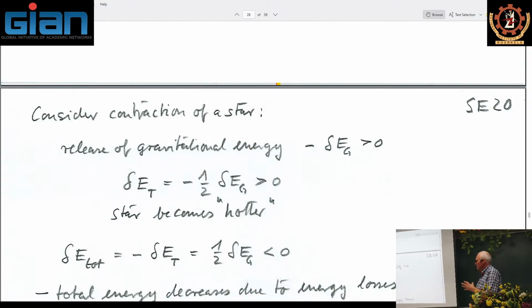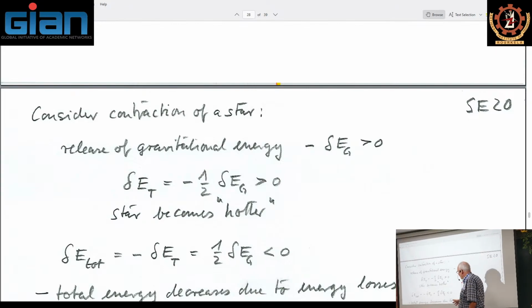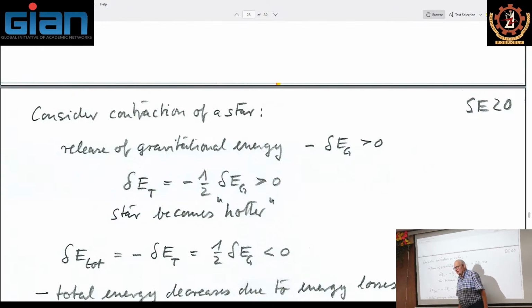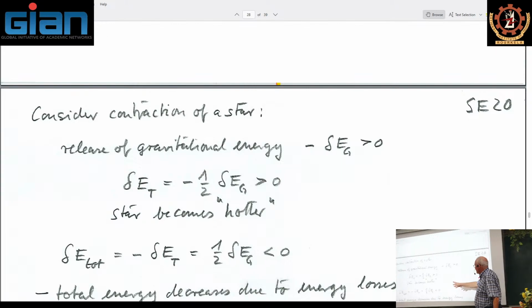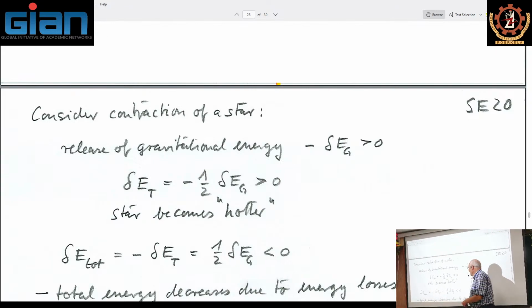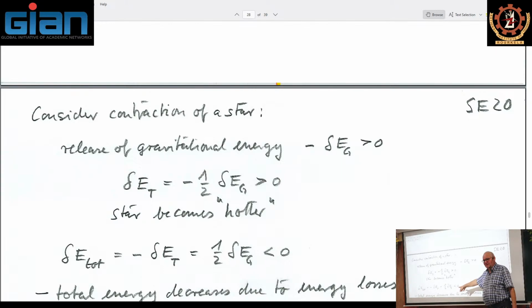The thermal energy increases. At the same time, the change of total energy is minus the change of the thermal energy, which, according to the virial theorem, is equal to 1/2 times the gravitational energy. This is then negative.